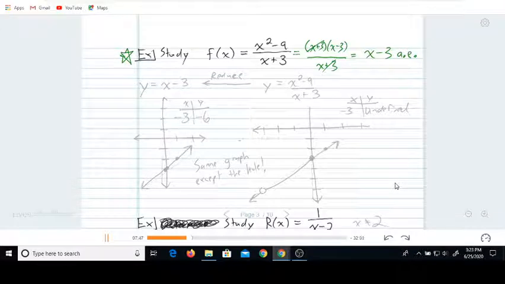And we can see that when we sketch their graphs. If we sketch the graph y equals x minus 3, let me go ahead and sketch that real quick. It looks like this. So we've got a y-intercept at negative 3, and slope is 1.